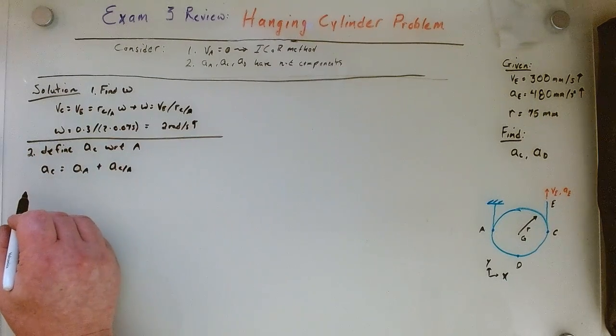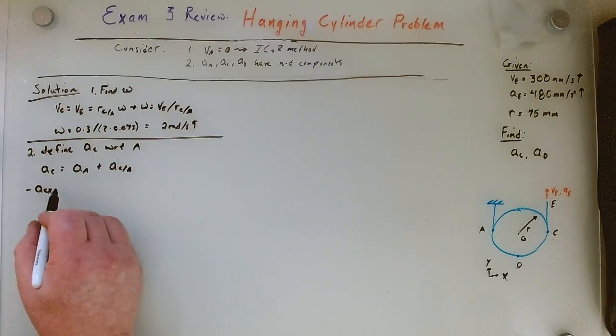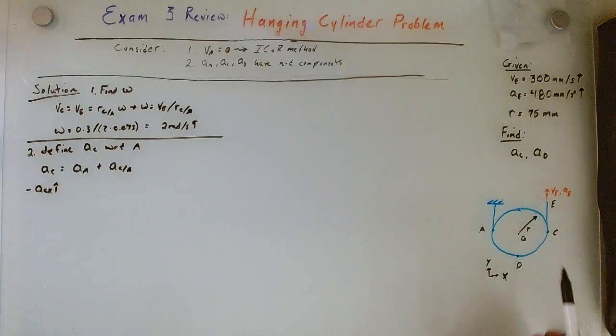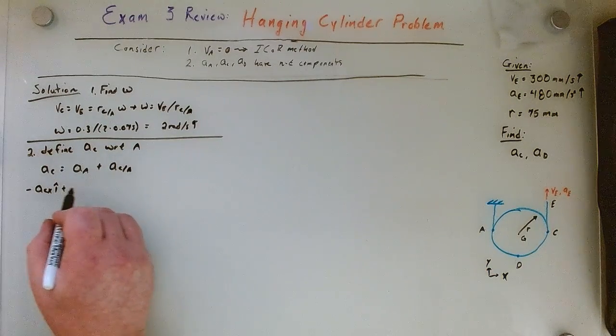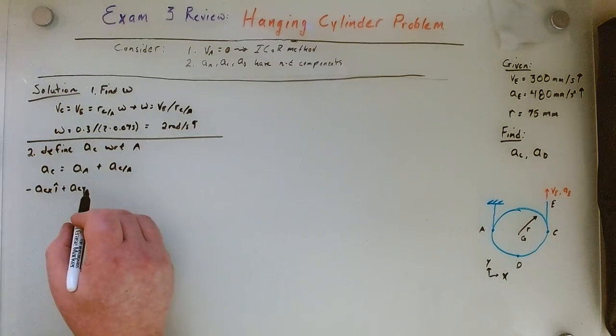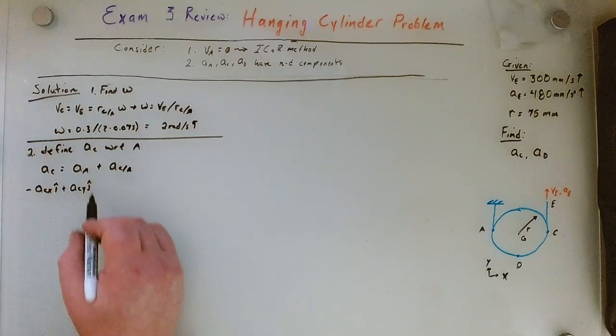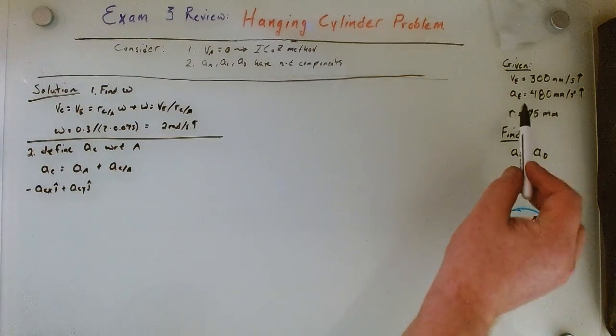This is going to be minus a_Cx in the i direction. It's minus because the acceleration is in the normal direction towards the center. And then plus a_Cy, right? And this is just the a sub E, right?